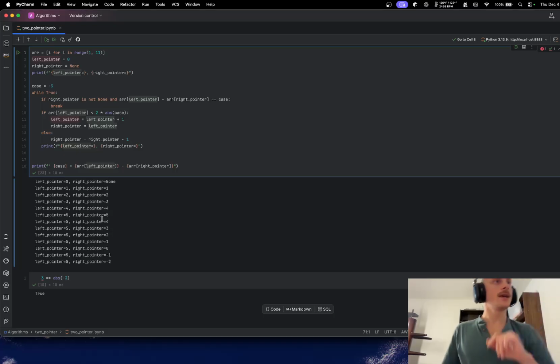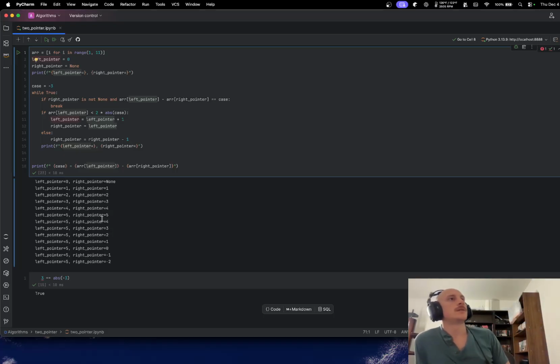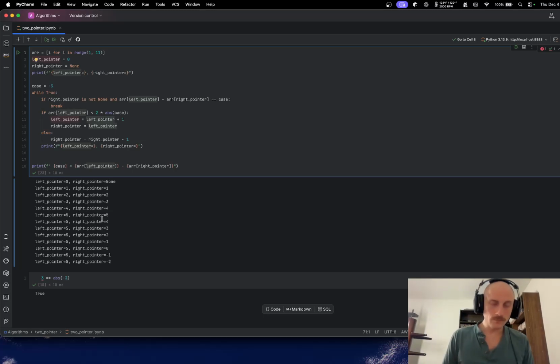The array left pointer is less than 2 times the case, which is 3, which is 6, while the number, no, that should be thing. So we get the 6.